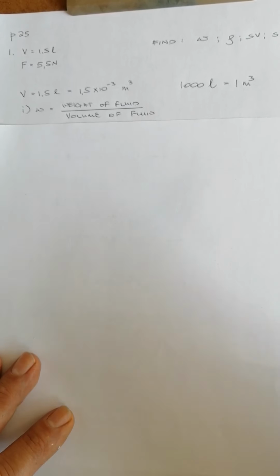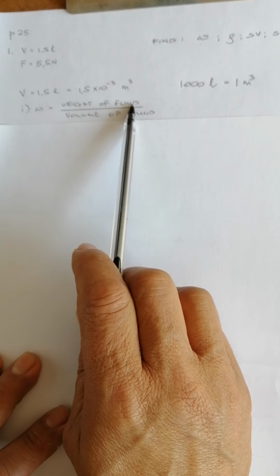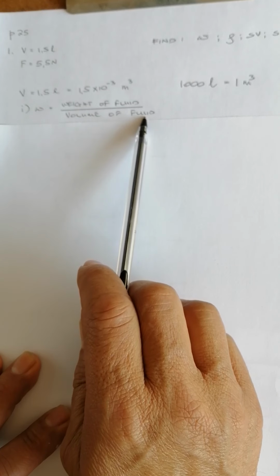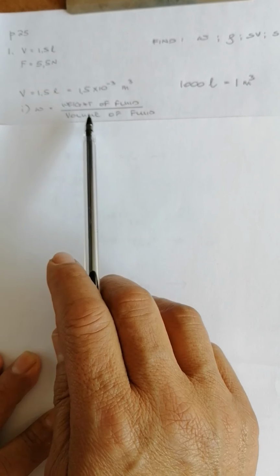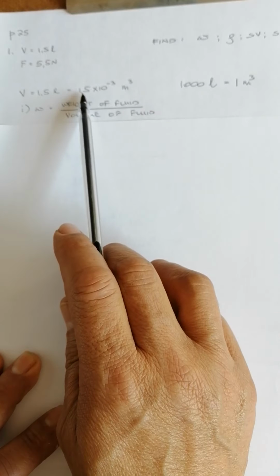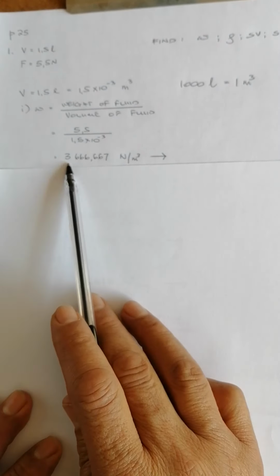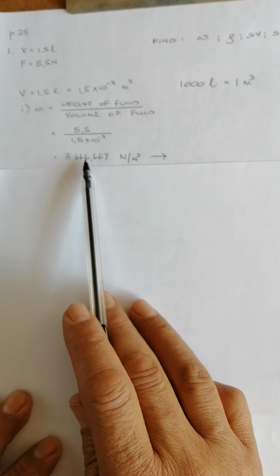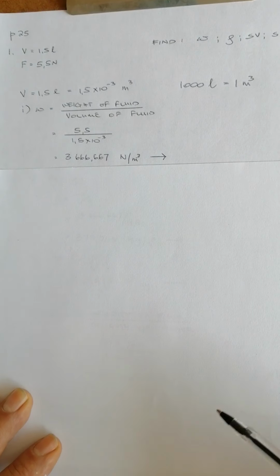And so for the first one, we say that your specific weight is equal to the weight of the fluid divided by the volume of the fluid. Now the force is a weight, so therefore 5.5 would be the weight of the fluid. The volume would be 1.5 times 10 to the minus 3. So if we put that into the calculator, we find that our specific weight is equal to 3666.66 newtons per cubic meter.